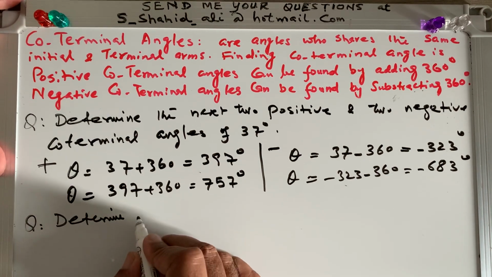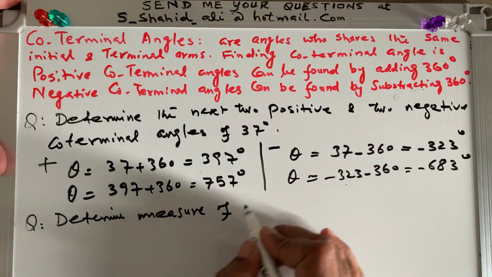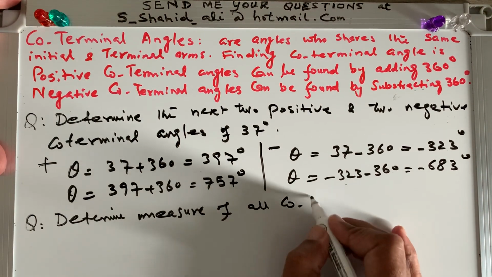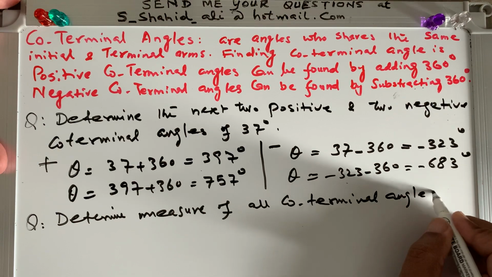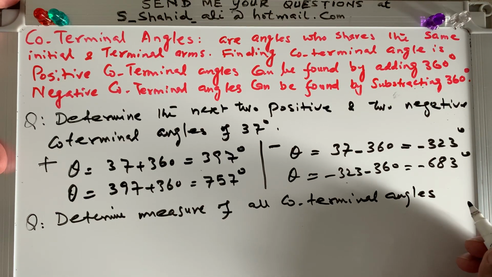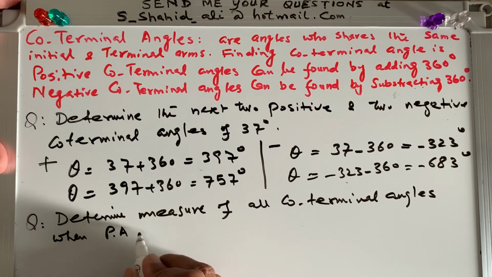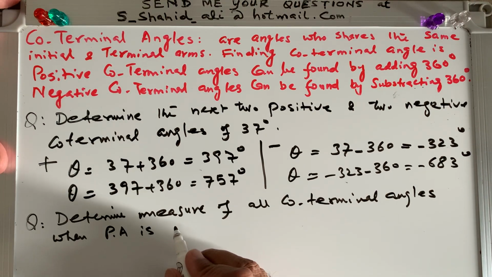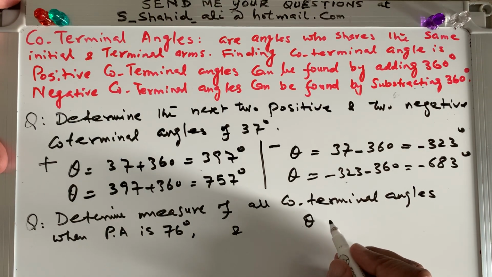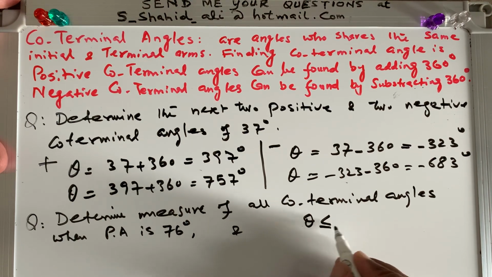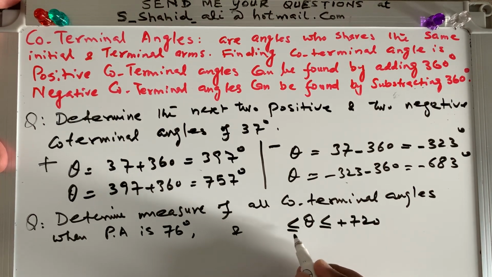Determine the measure of all coterminal angles when the principal angle, PA, is 76 degrees and theta has a condition that theta is in between plus 720 or in between minus 540.